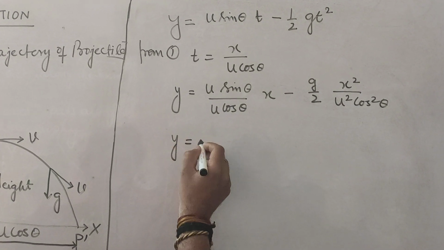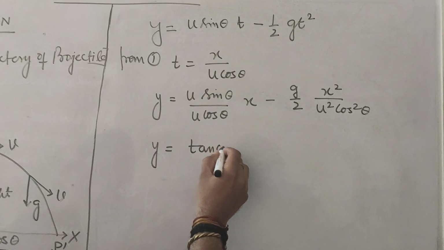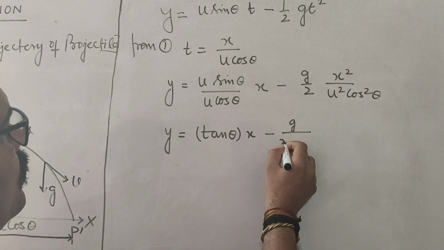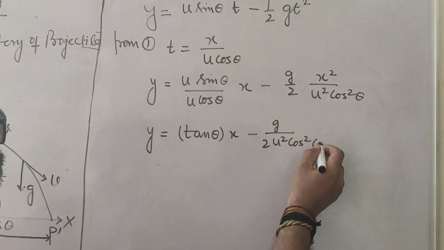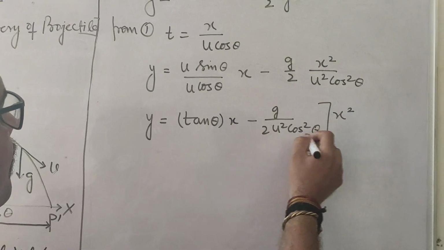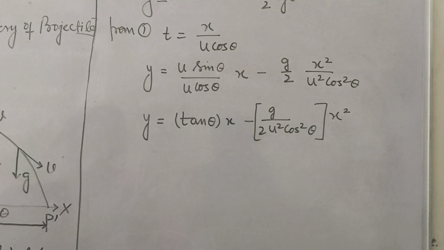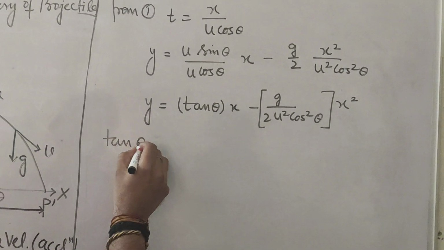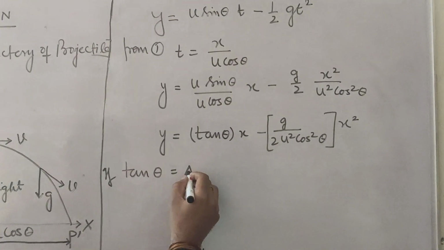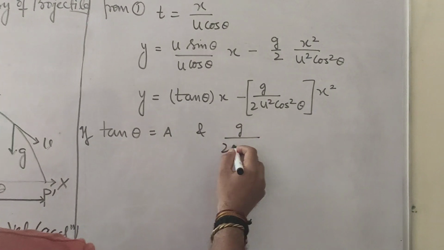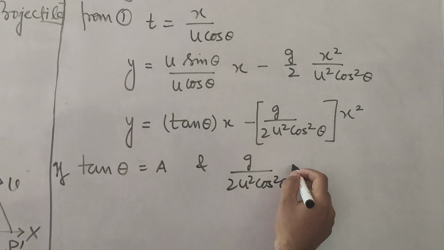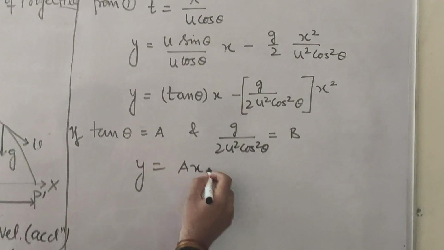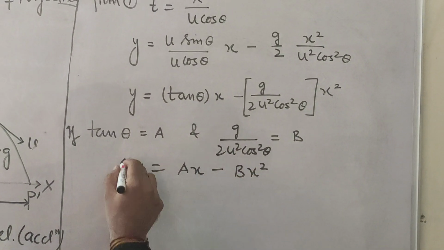So y is equals to tan theta x minus g by 2 u square cos square theta x square. If tan theta is a and g by 2u square cos square theta is b, then y equals to ax minus bx square.